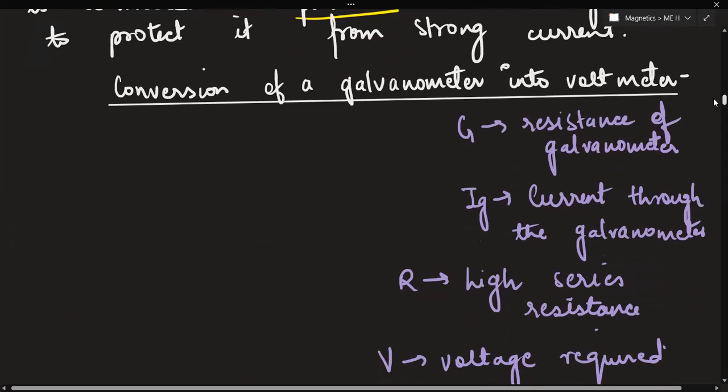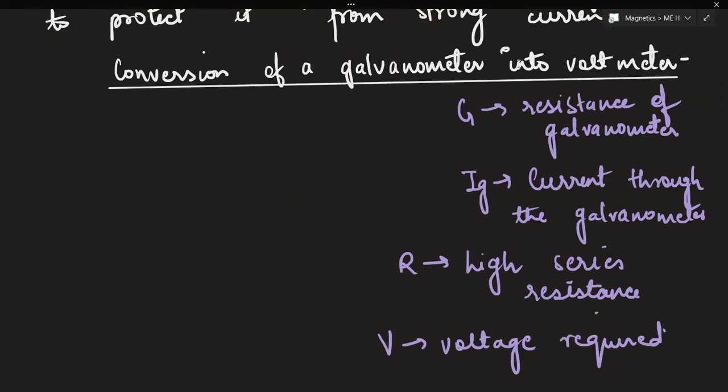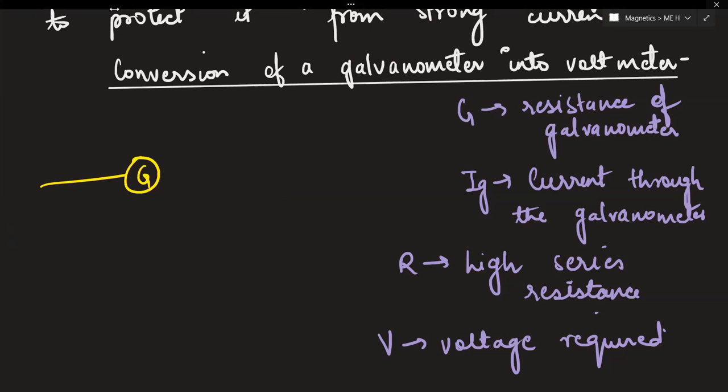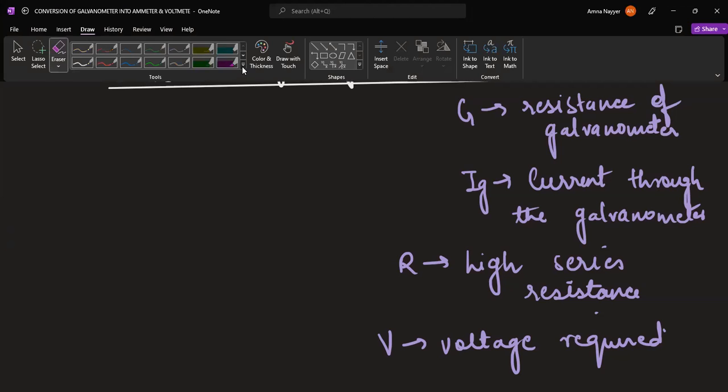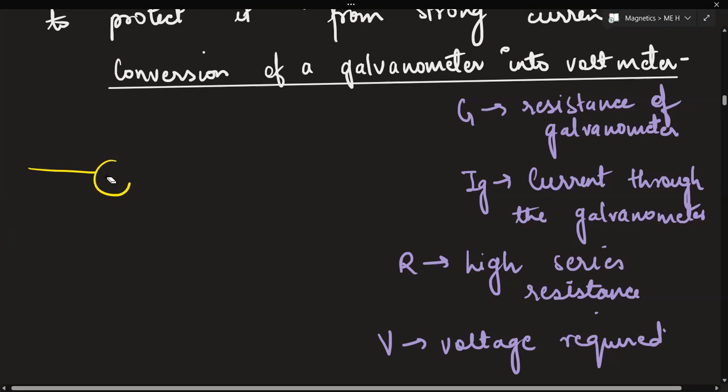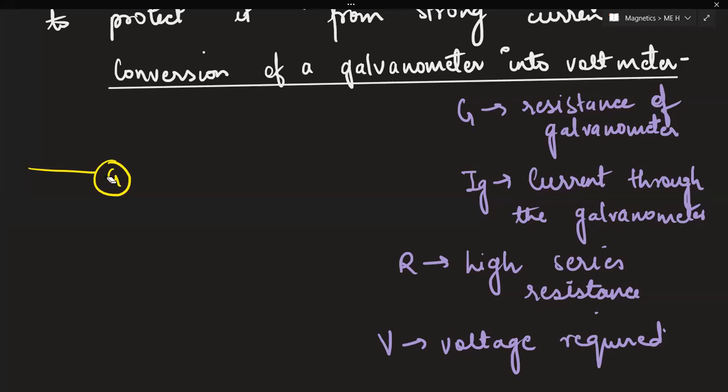Now conversion of galvanometer into voltmeter. Again, if you have a plain simple galvanometer with you, here, instead of connecting anything in parallel, I'll connect a small resistor in series with it.